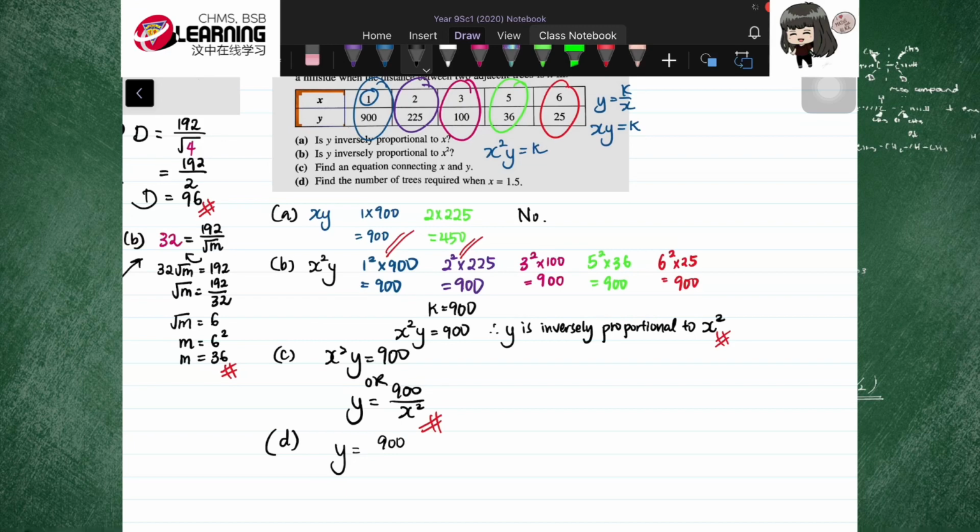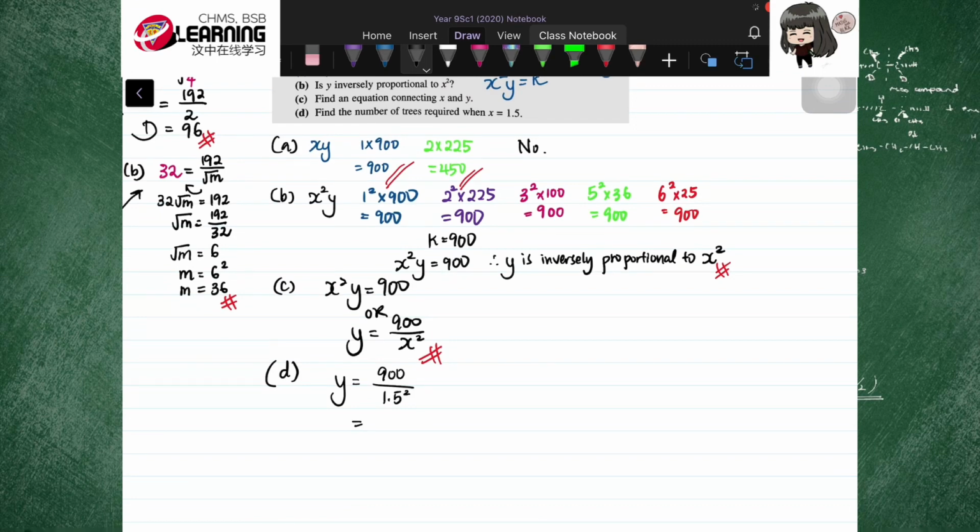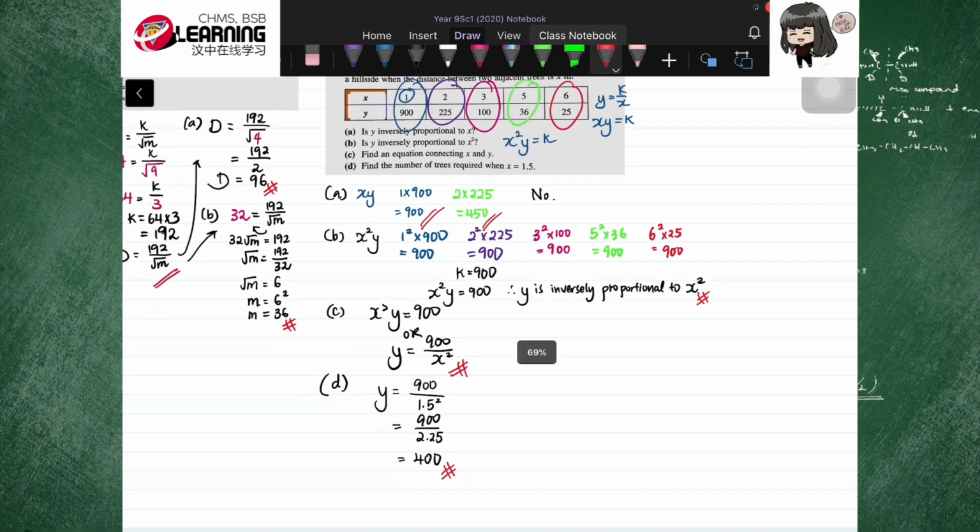So y equals 900 over 1.5 squared. 900 divided by 1.5 squared is 900 divided by 2.25, and it equals 400. So there are 400 trees. Done.